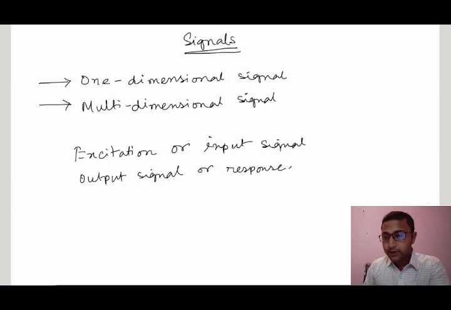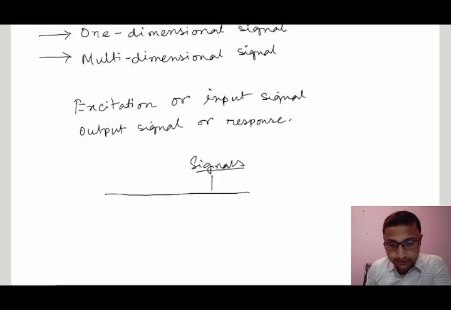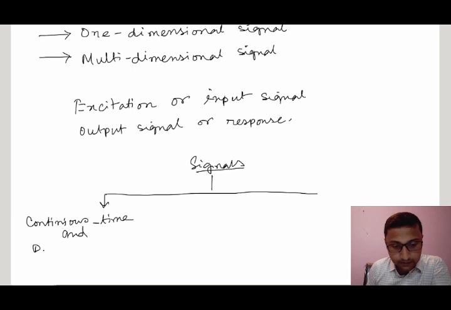Now I will come to the major classification of signals. Basically there are three major classifications. The first one is continuous time and discrete time signal.